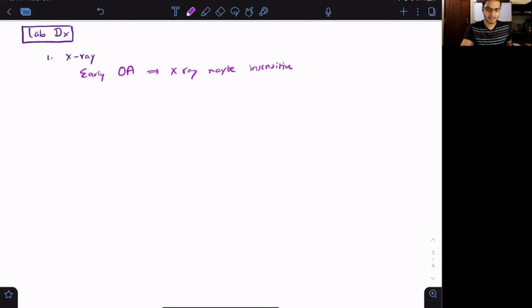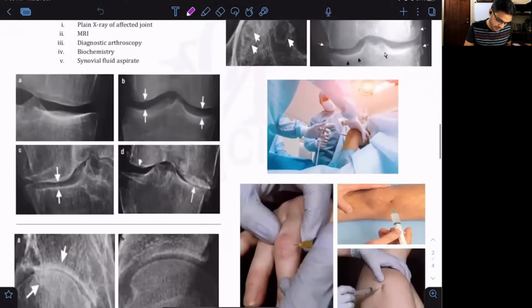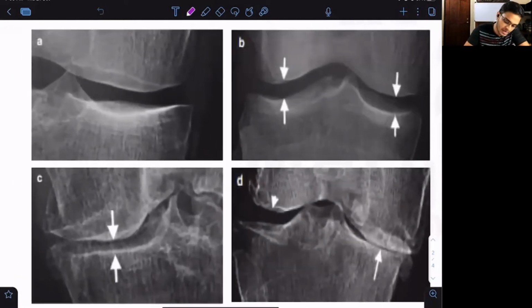Okay, let's look at some of these generalized things, guys, that we want to observe on X-ray. Go to your skeletal notes, right? I have put some images here. Let's first go to this. Now, B here is the normal one. This is a knee joint. B is the normal, right? This is a normal X-ray of a normal knee joint.